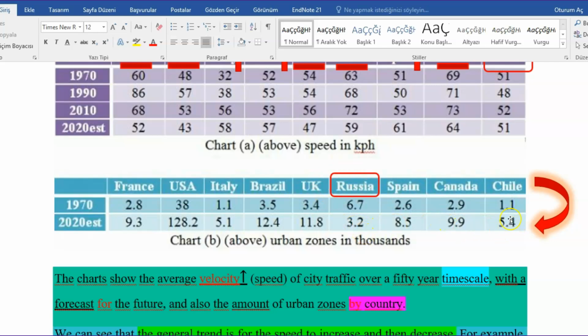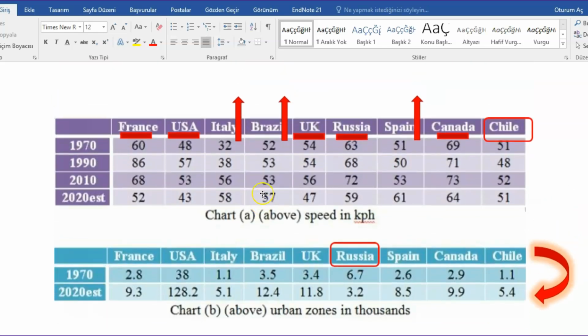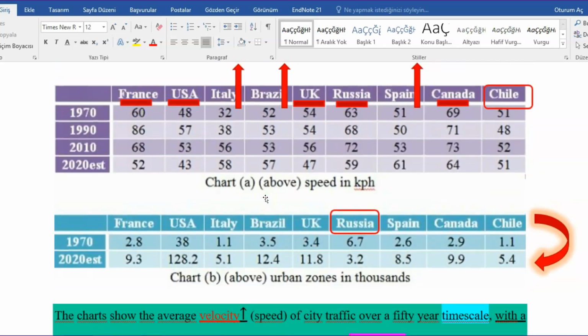And pay attention that the amount of the increase is more than 4 times, right? For more than 4 times we have this amount of increase, right? Yeah, and let's go on and write it in our essay.